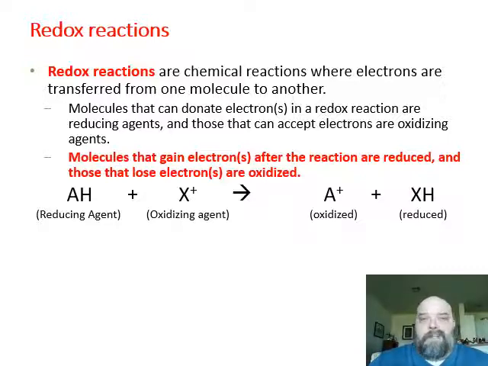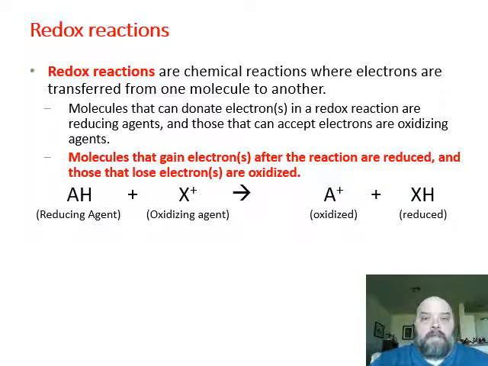Now, keep in mind, though, in the back of your mind, whenever I say electron, what I'm actually talking about is a hydrogen. Because that's something we find in biological systems. It's not always the electron being stripped off of a valence shell and moved around. A lot of the times, it's going to be the hydrogen. Remember, hydrogen is nothing more than an excited electron and a proton just coming along for the ride.